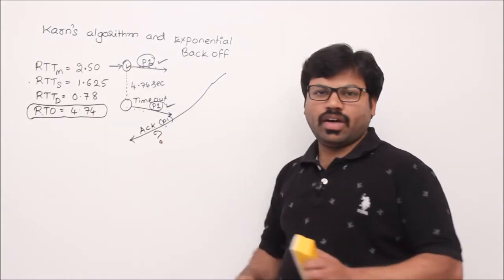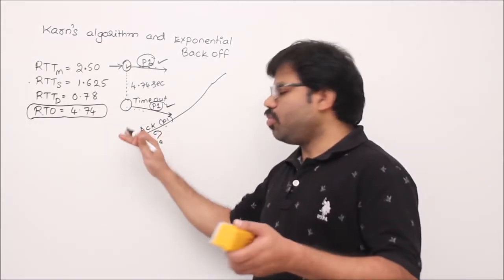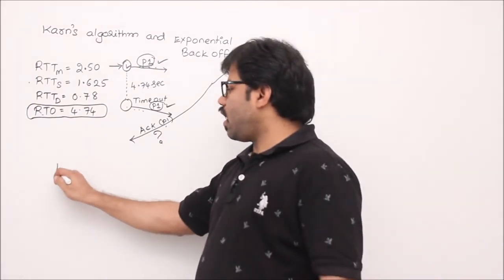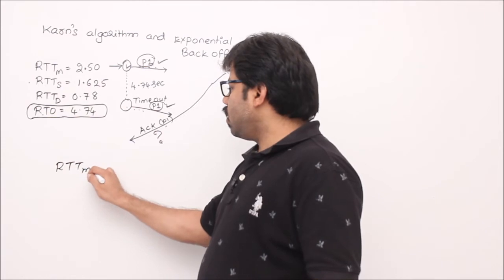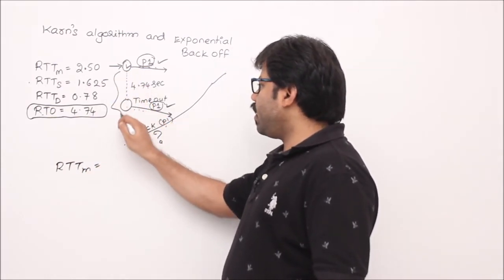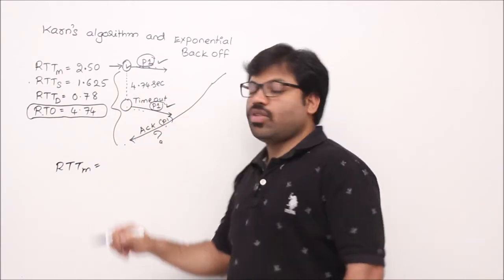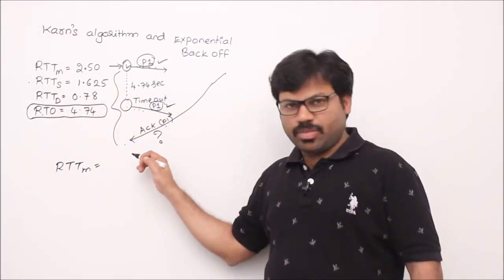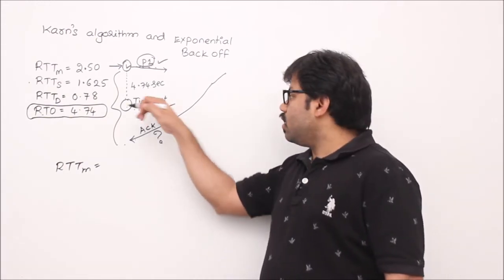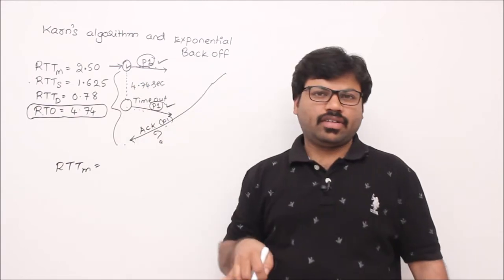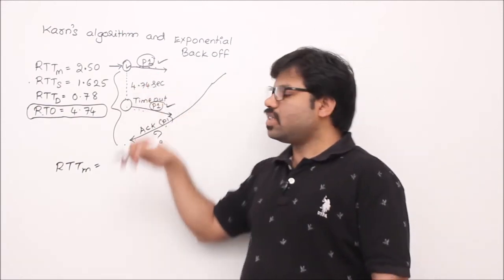So what do we do? Forget the dilemma, why get confused? If you simply take the RTT measurement from here to here, you might make a mistake, because this may be a wrong estimation. Maybe this is the acknowledgement for the other packet, and then your calculations will all go wrong.